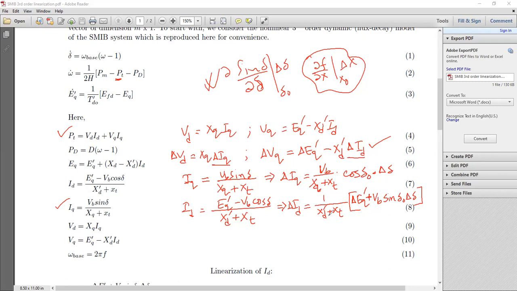Could you show again the double ticked part? I mean, how did you replace del IQ with that one, sir? Del IQ, that expression. Yes, this one. Remember, this is on the right hand side of the Taylor series, not the left hand side.